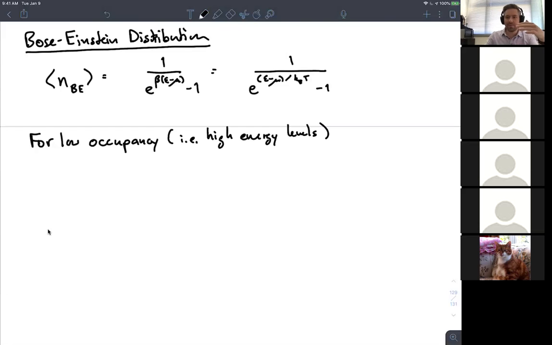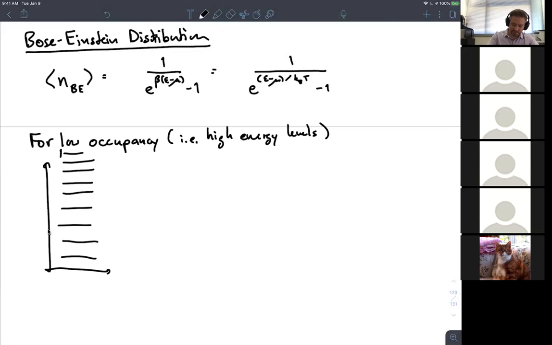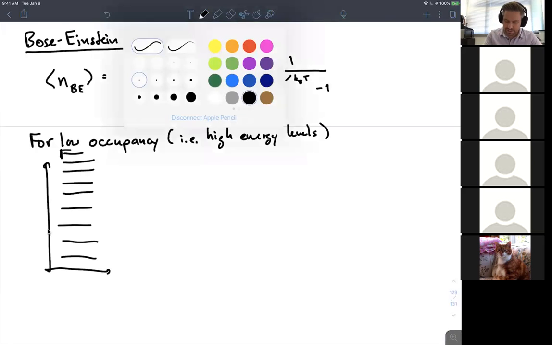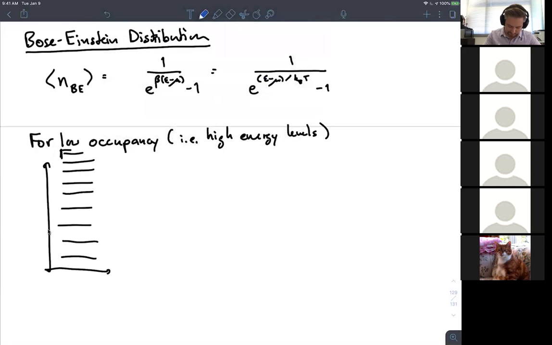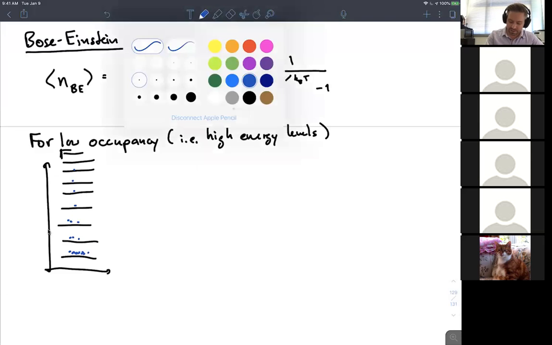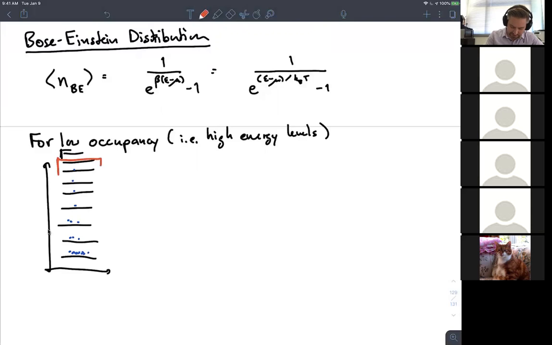Again, what we've got is discrete energy levels, and you would intuitively expect that as you throw in more particles, they will congregate at the lower energy values, and fewer will show up in the higher energy levels. So what we're interested in initially are these high energy levels, that is, low occupancy.